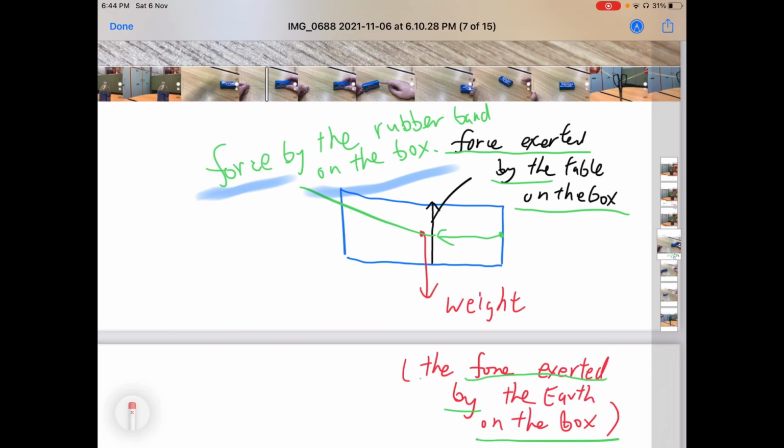What is the net force? Originally, the net force is 0 because all forces are balanced. Now the weight is still balanced by the supporting force, but the force exerted by the rubber band is no longer balanced by the purple arrow. So what's the net force?